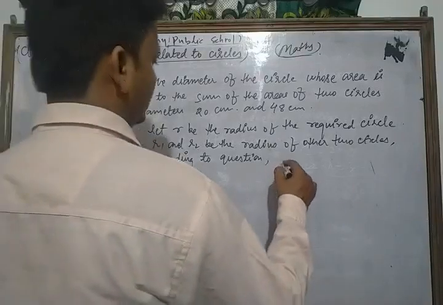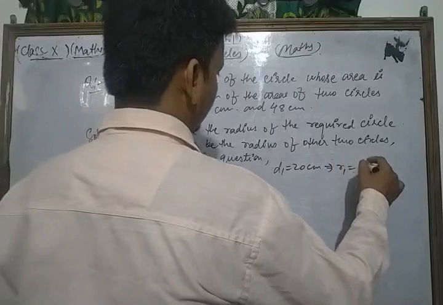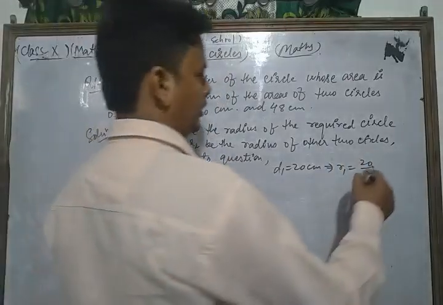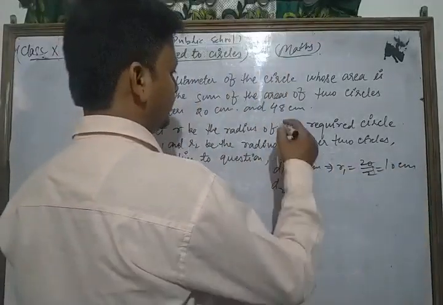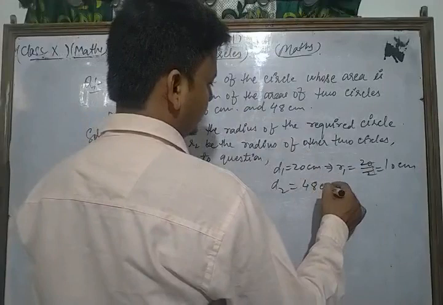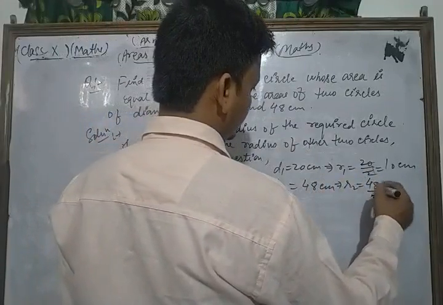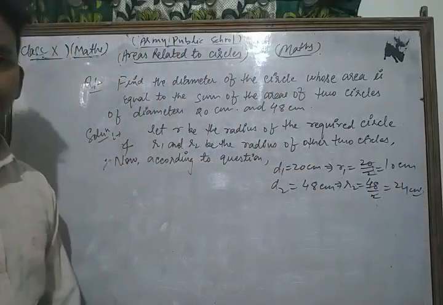So d1 is 20 centimeter, so r1 is 20 upon 2, means the radius is half of the diameter, means 10 centimeter. Similarly d2 is 48 centimeter, then r2 is 24 centimeter.